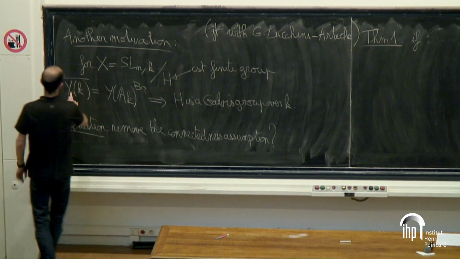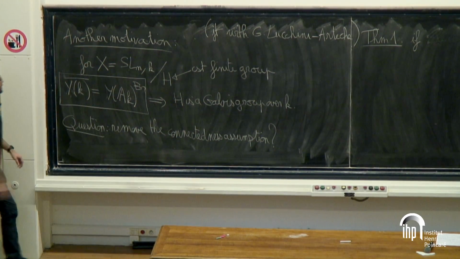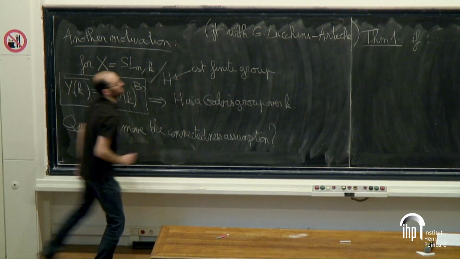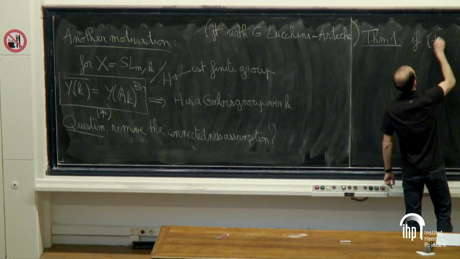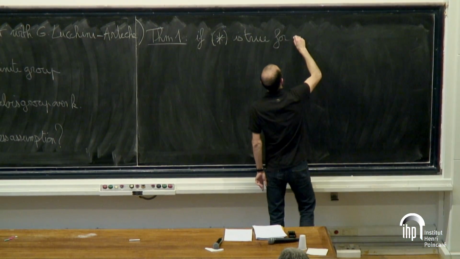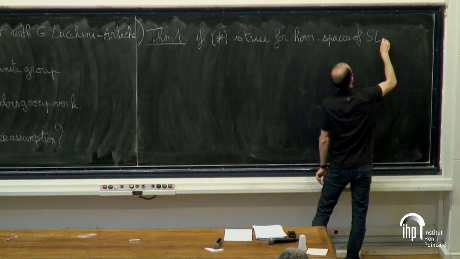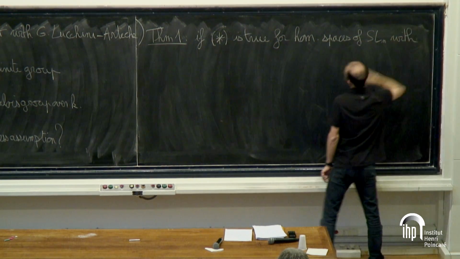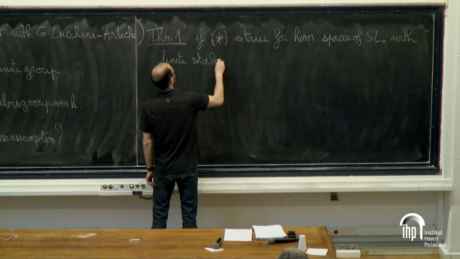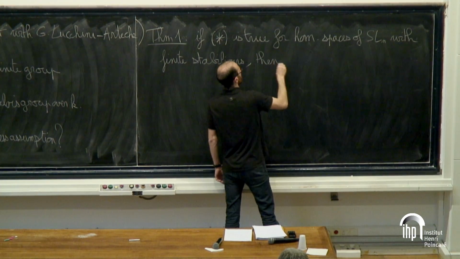Let me give a name to this property: star. If star is true for homogeneous spaces of SL_n with finite stabilizers, then it's true for all homogeneous spaces.